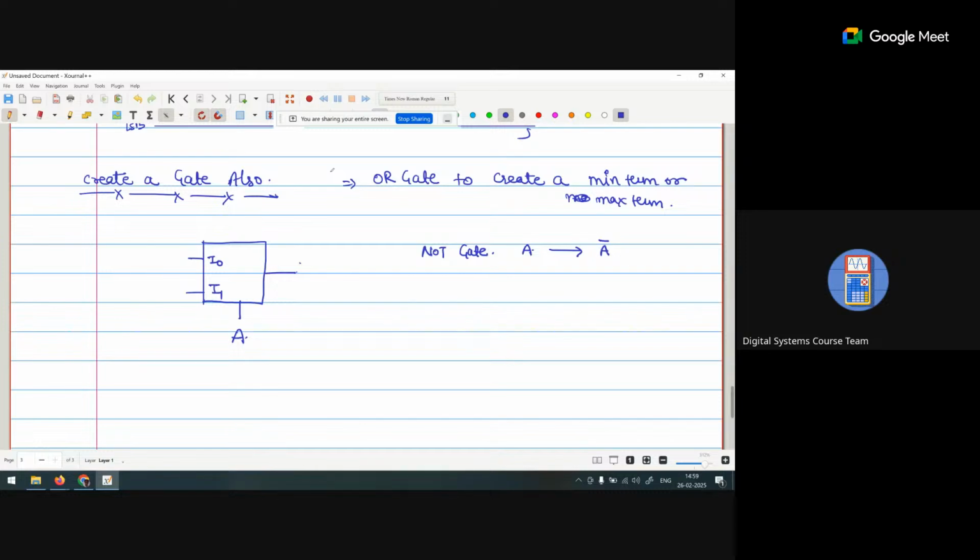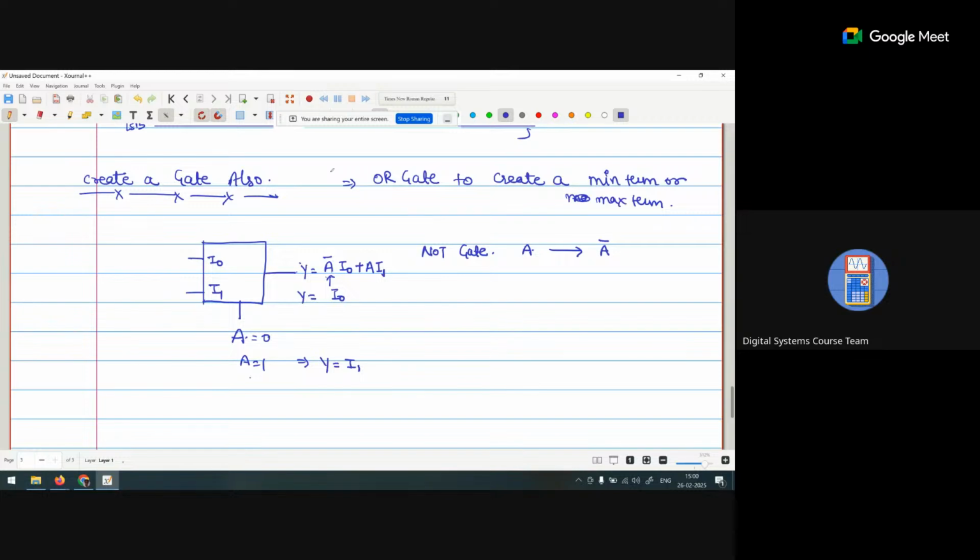So Y is A bar I naught plus A I1. Now if A is 0, this becomes 1, so we are getting Y as I naught, and if A is 1, we are getting Y as I1.